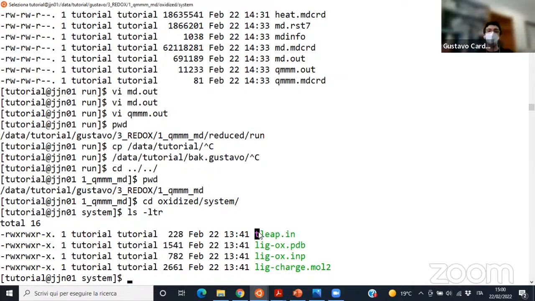In practice, what we're going to change are the point charges of the solute. We're going to do one step more than in the case of the reduced species, because we want to get these point charges from a different calculation, a Hartree-Fock calculation. So we'll see this in just a second.